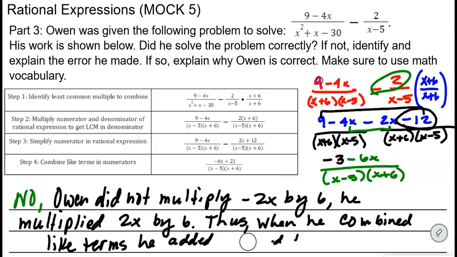My bad, y'all. It was 9. He added 9 plus 12 instead of 9 minus 12. Period.